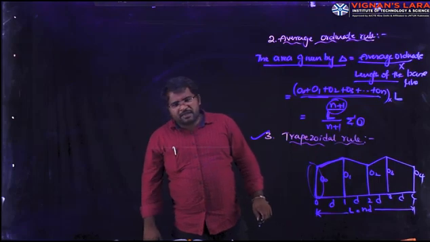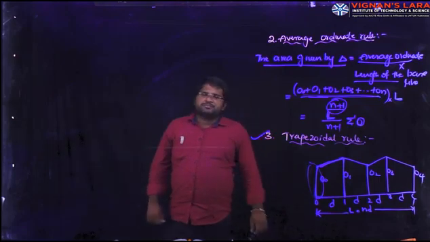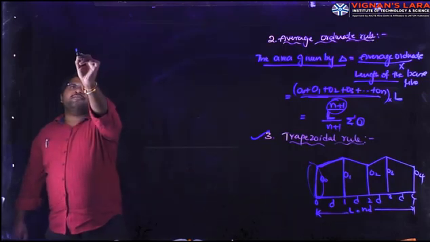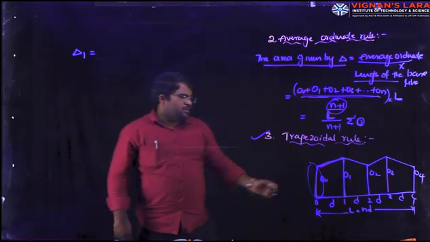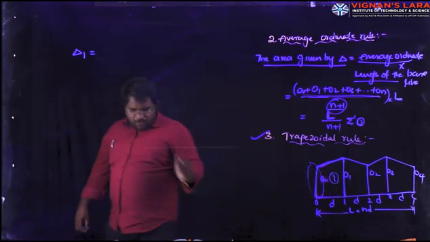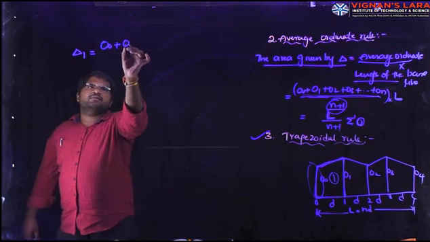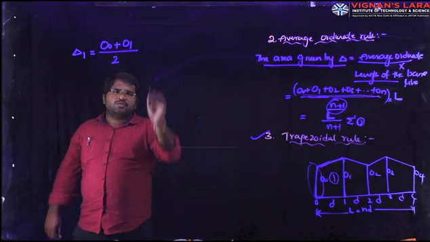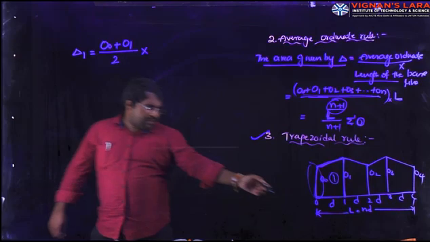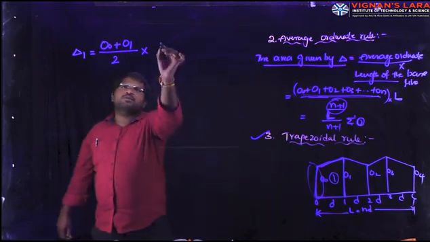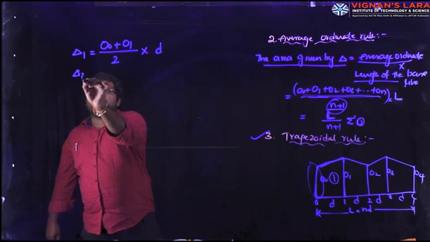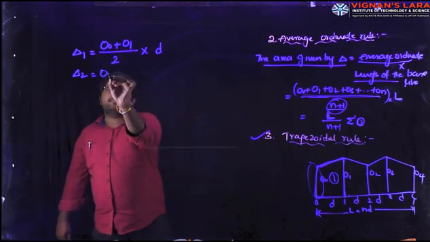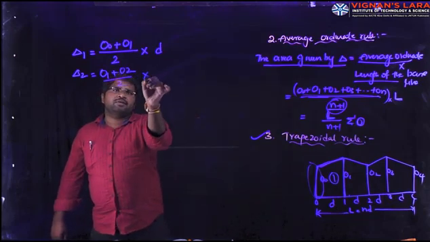By measuring each trapezoidal area, we find the total area of that measurement. The area of the first one is given by O0 plus O1 divided by 2, and each distance is d, so we multiply with d. Next, the second one is O1 plus O2 divided by 2 into d.